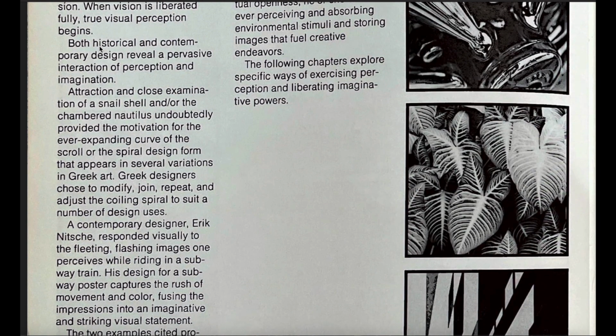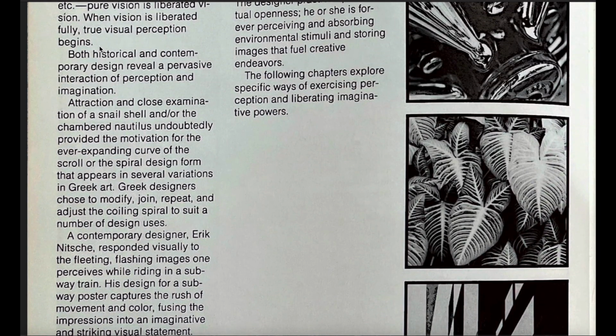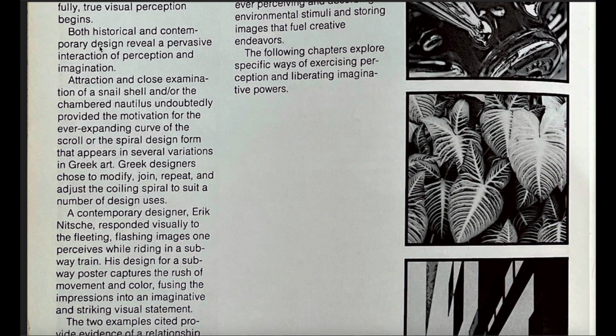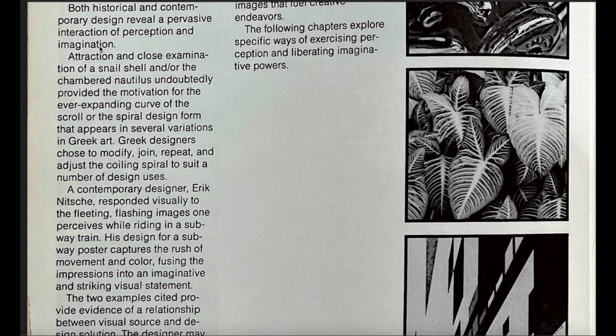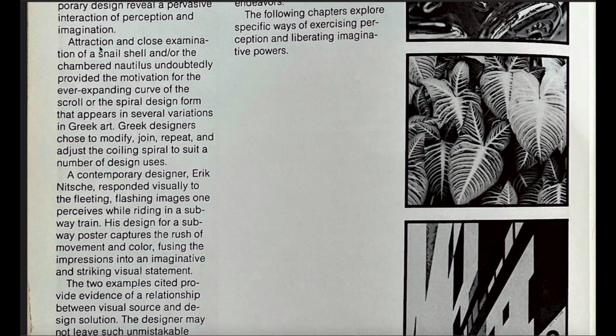So, one thing I'm going to leave you with is that when we talk about pure vision, there's a couple of examples in this book, and one is the Greek art. So Greek designers really loved the snail shell or the nautilus.